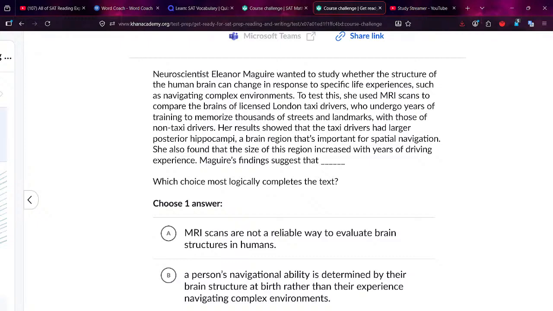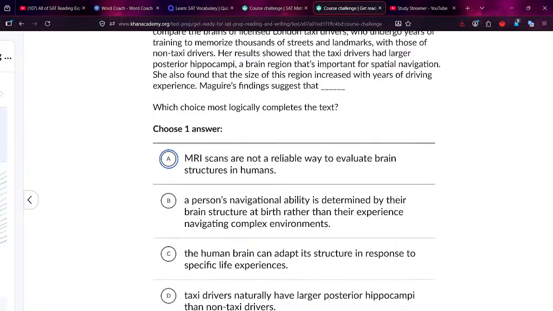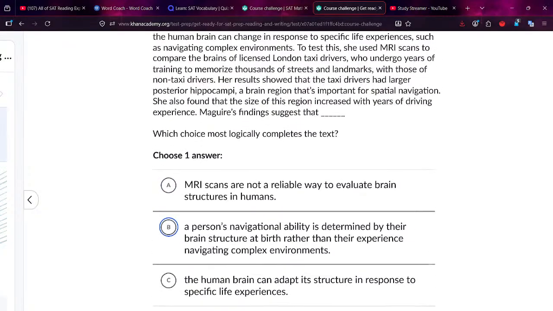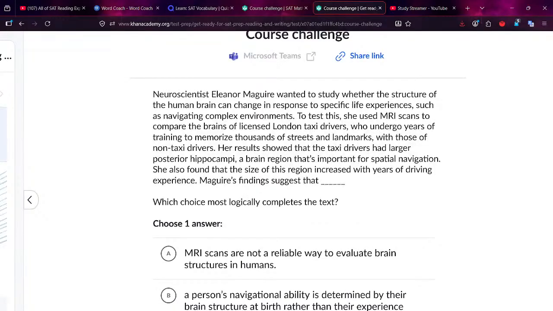To test this, she used MRI scans to compare the brains of licensed London taxi drivers. Okay, so what completes this? Her results suggest that what? So what logically follows from her findings?